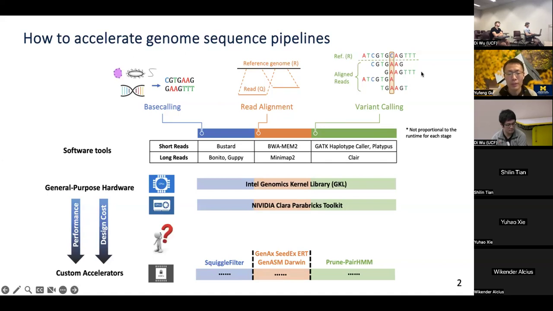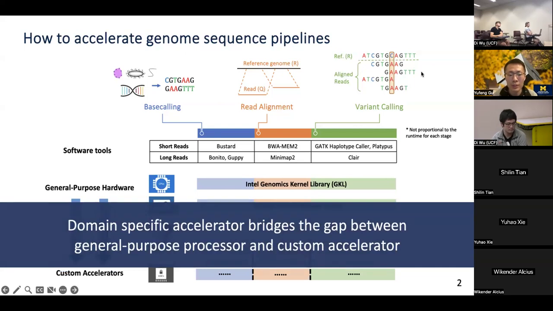So people wonder: is there any solution sitting between custom accelerators and general purpose hardware? One solution is the domain-specific accelerator. If we could program this accelerator and make it less custom, or sacrifice some performance, it may be able to bridge the gap between general purpose hardware and custom accelerators.